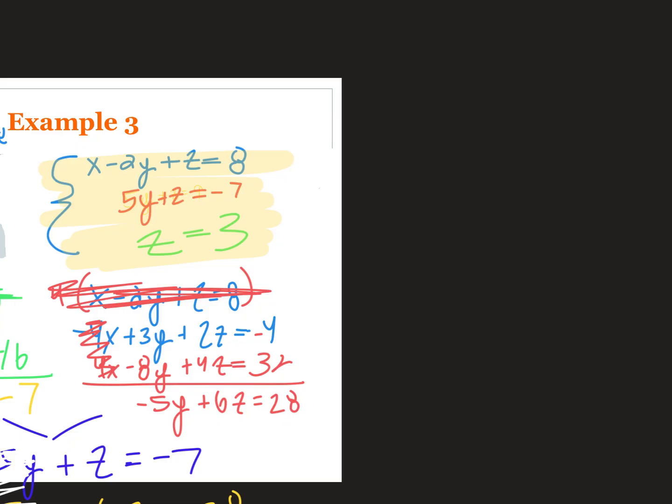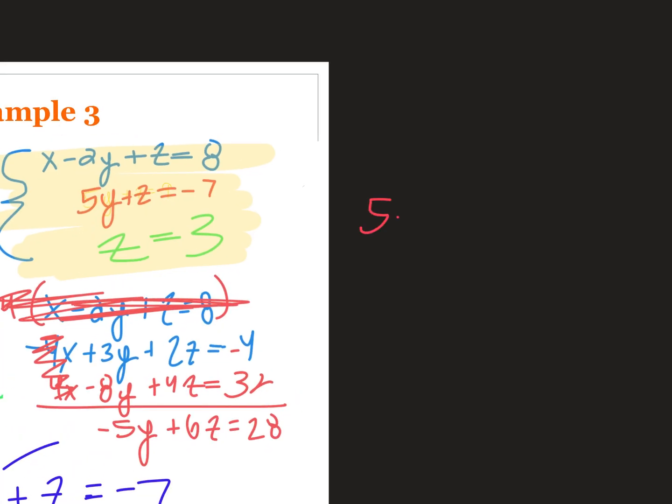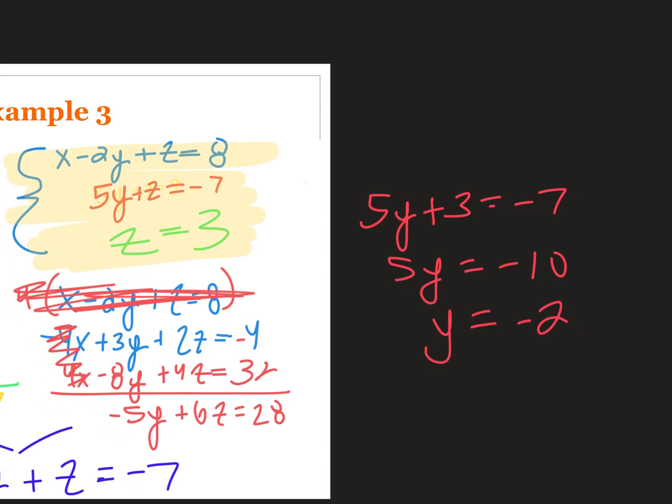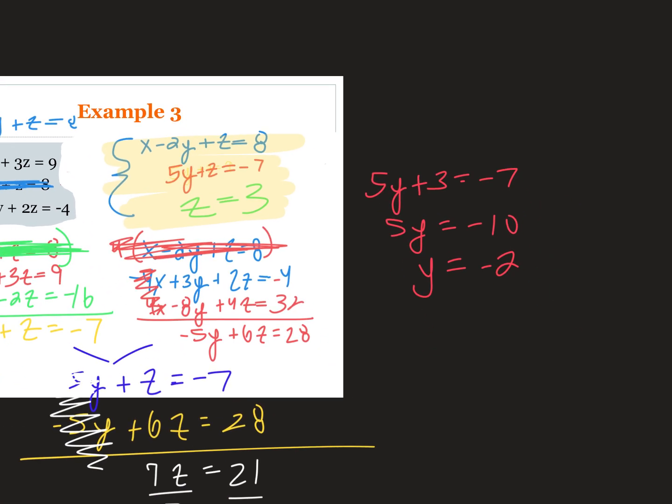I'm going to take z and plug it into my second equation. 5y plus 3 equals -7. So 5y equals negative what? 10. Y equals -2. So now I'm going to take y and z and plug it into the top one.